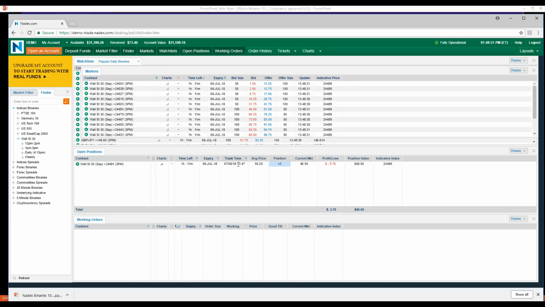I entered the trade today at this time. Average price means the price I bought it for, right? So I bought it for $50.25. My position is +1. Why does it say +1? Because I bought. If I had sold, it would say -1, right? So I know I bought because it says plus.